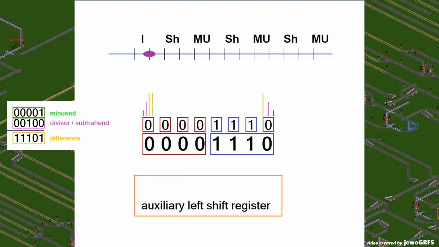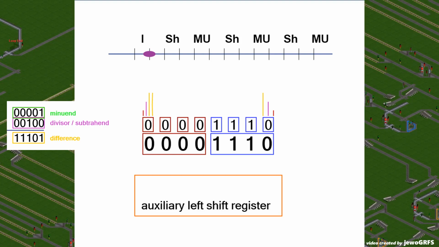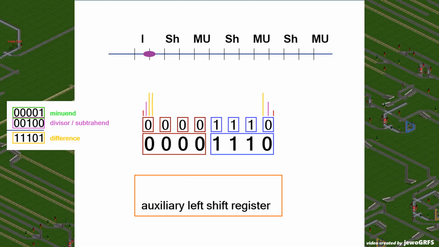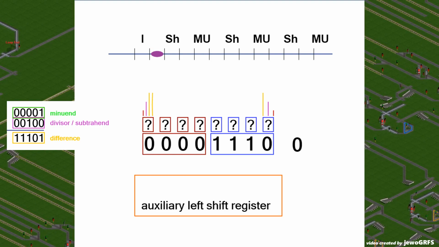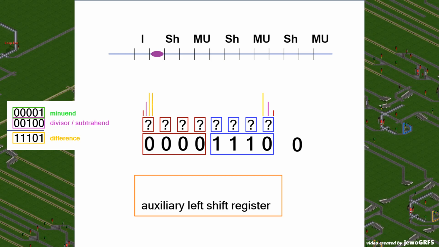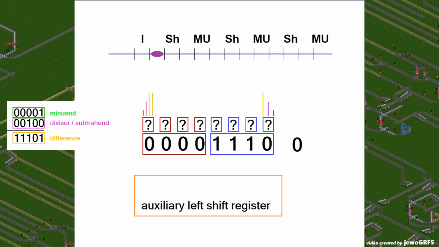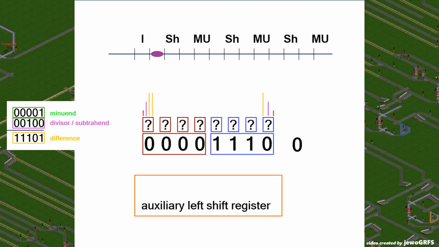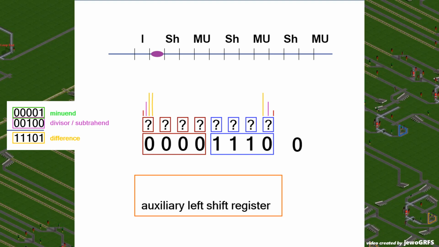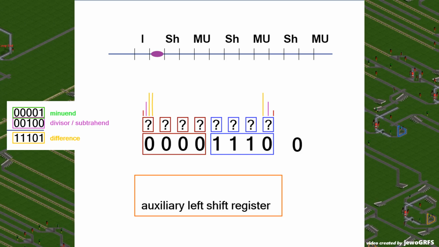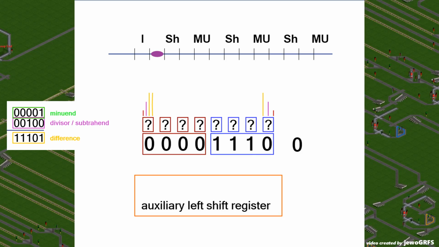We will have a new subtraction. That subtraction, the difference, will be connected to those selectors, and they will immediately change. But because we have our memory cells locked, nothing will change over here. We will still have the same values, despite the fact that our selectors already changed something.